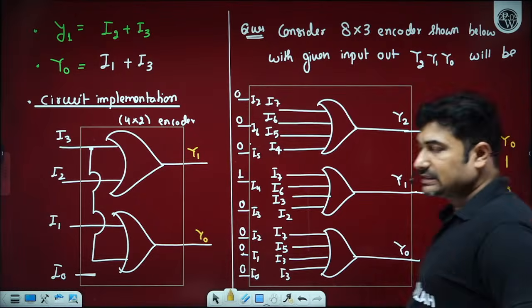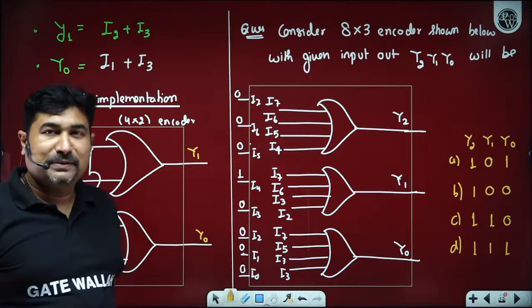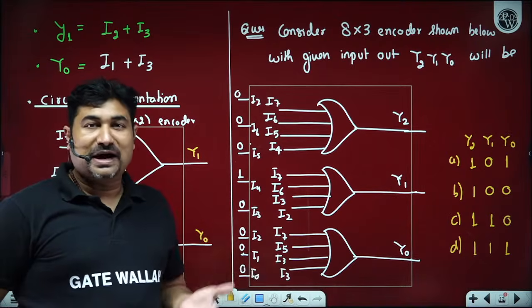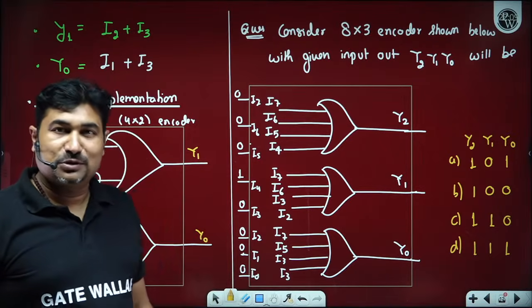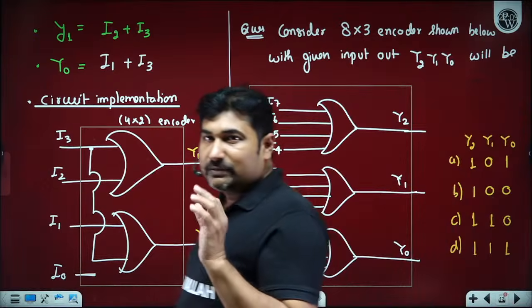Which of the following is correct? Can you tell me, beta ji? Actually, the purpose of presenting this question is to show you an octal to binary encoder logic circuit as well. So hoping all of you can see. Is it okay? And all of you able to understand.